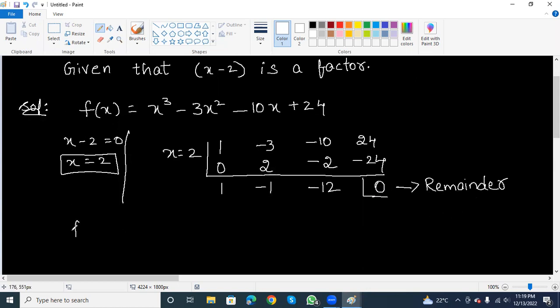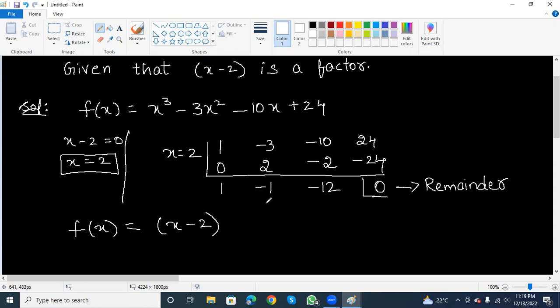Now, I can write this f of x as the first factor x minus 2, which is given in the question. And this cubic polynomial, now I can express one of the factors as a quadratic polynomial. Here, how many numbers do I have? 1, 2, 3. So, with these 3 numbers, I can make a quadratic polynomial.